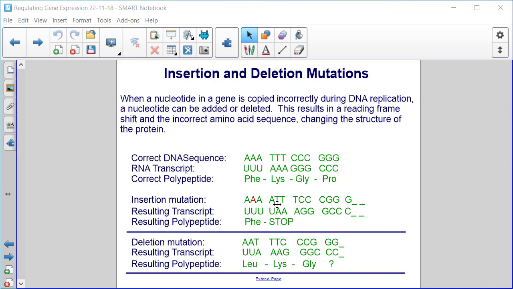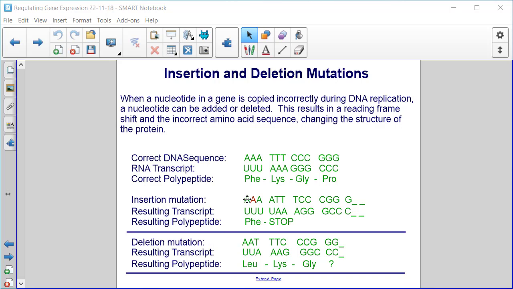I get this reading frame shift so that instead of AAA, I get the U that shifts, and I get UAA, which is a stop codon. And so the polypeptide would stop here. We'd miss all of these last 3 amino acids. Now, what if we have a deletion mutation?